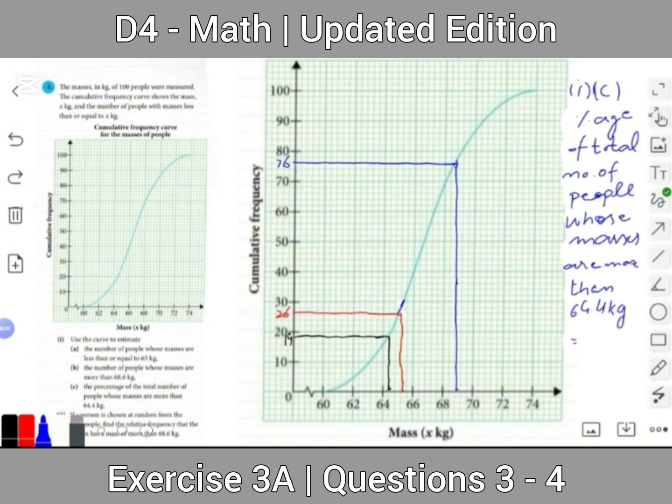For this, we will use the formula of the percentage. The number of people whose masses are more than 64.4 kg was 81, divided by the total number of people, and that is 100, multiplied by 100. So this 100 cancels out with 100, and here we are left with 81%. So the percentage of the total number of people whose masses are more than 64.4 kg is equal to 81%.